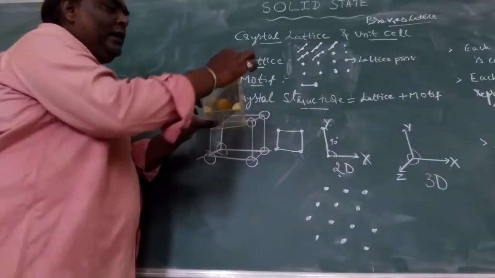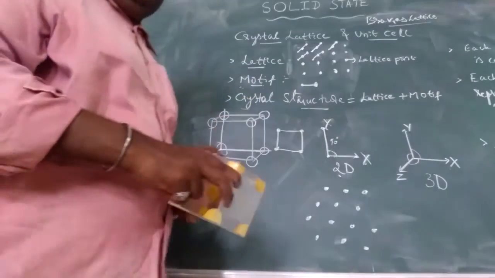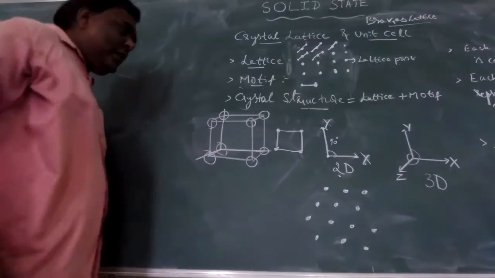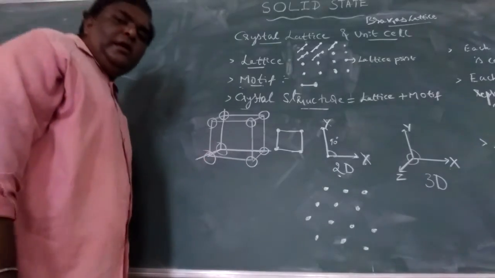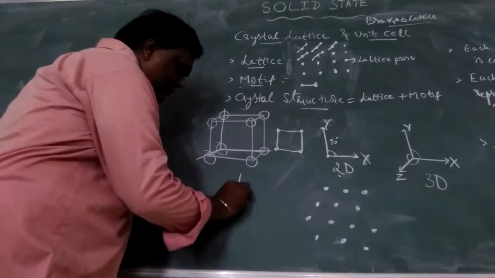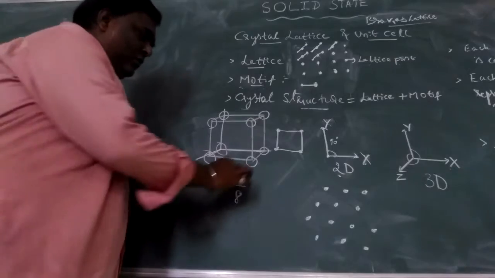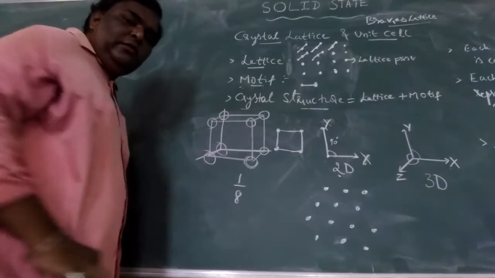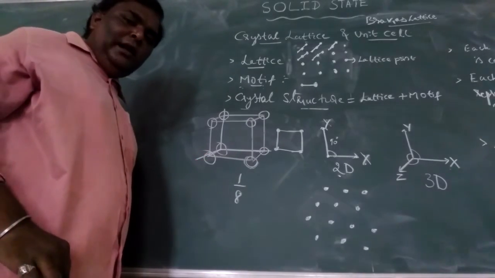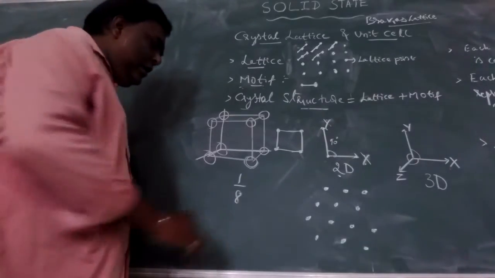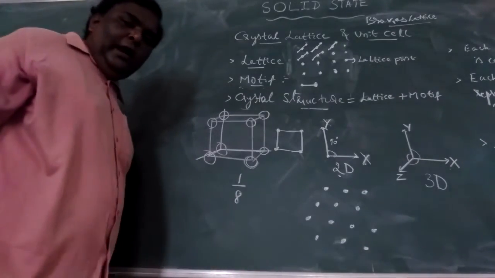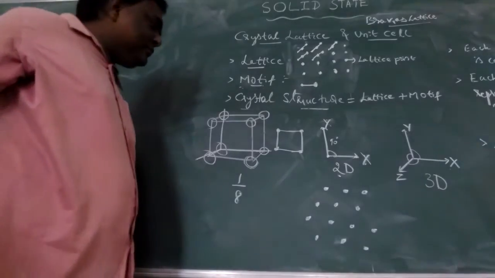These lattice points are present at the corners of a cubic crystal structure, and each corner particle, whether atom, ion or molecule, is represented as 1/8. Understood?